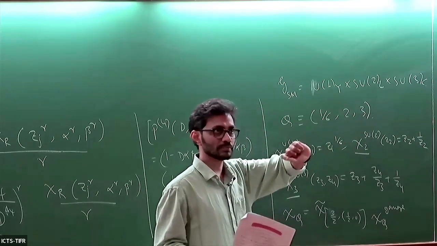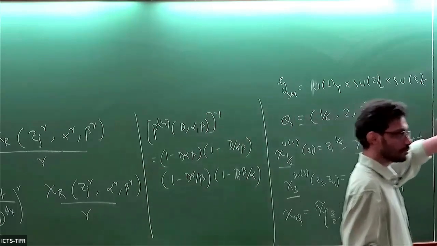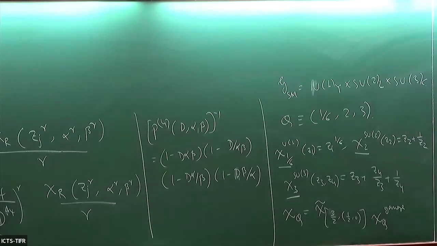So now you remember that when you construct this character, one has to be very careful. For example, when you write down this 3 character, it doesn't matter whether I'm choosing Z3 or Z4. I'll get the same thing. But this will matter when I'm writing a character for 3 bar.